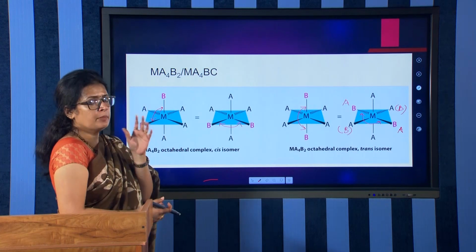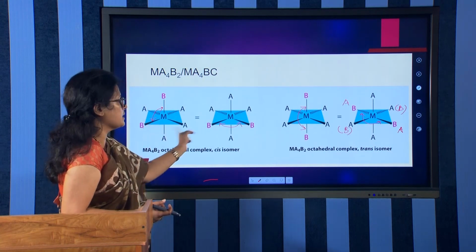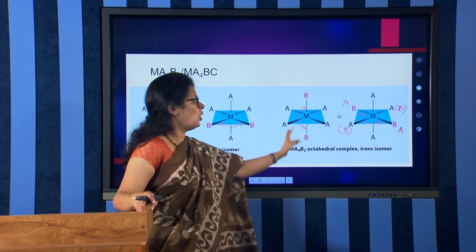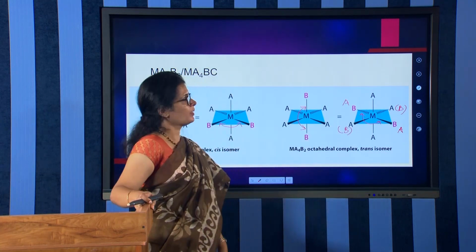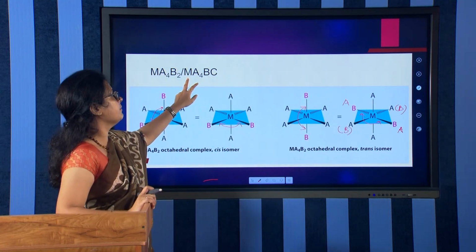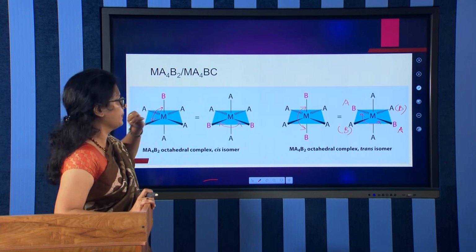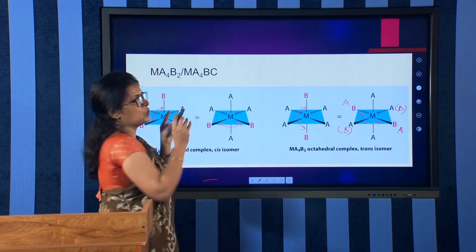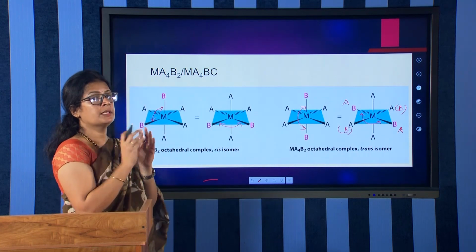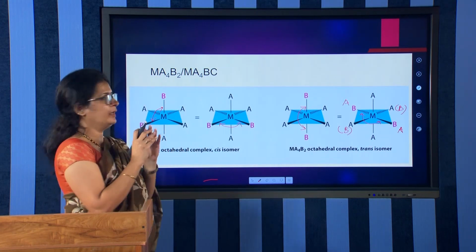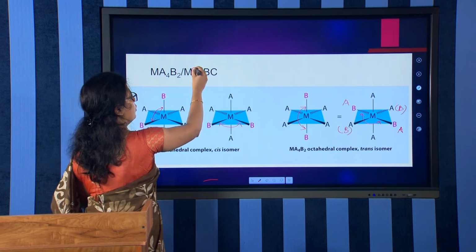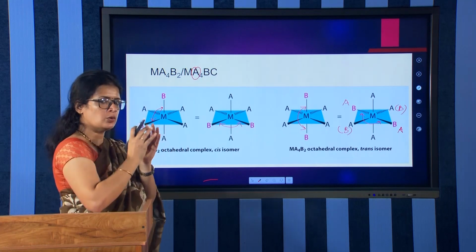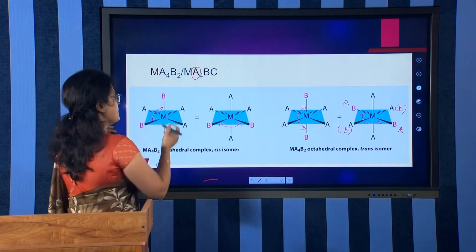Cis form means similar groups on the same side, these two, and trans means similar groups on the opposite side like this. The similar situation will be with MA4BC type. B and C are not similar groups, but when compared to this A4, they are somewhat different, so it can be taken as a similar group.